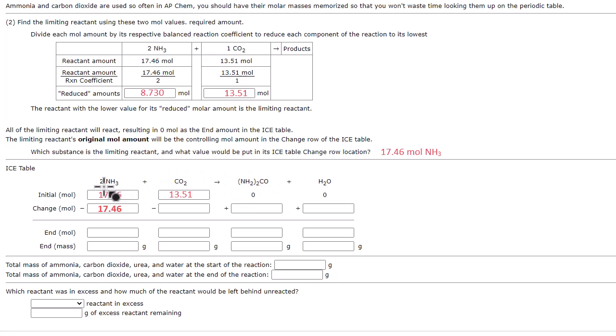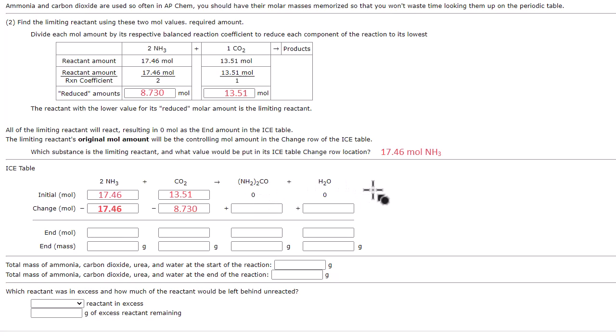And I see we have 2 here and a 1 here, so we'll have half as much carbon dioxide. Half of 17.46 is 8.730. That's how many moles of carbon dioxide will be used. That makes sense. 2 to 1. You only use half as much carbon dioxide. We had 13.51. This is the one that's in excess. So we're going to have left over, you can do the subtraction, carbon dioxide.